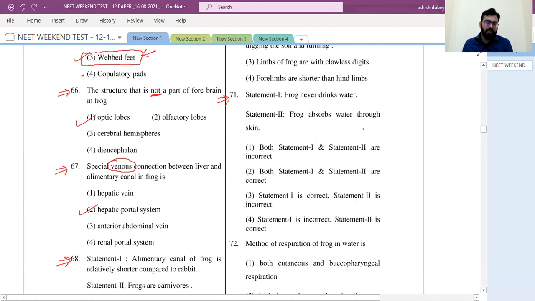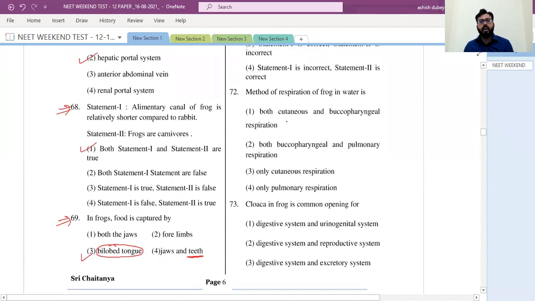If statement 1 would have been the assertion and statement 2 the reason, then the answer would have been A or 1. That is, assertion and reason both are correct, and reason is the correct explanation of assertion. So both statements 1 and 2 are correct.